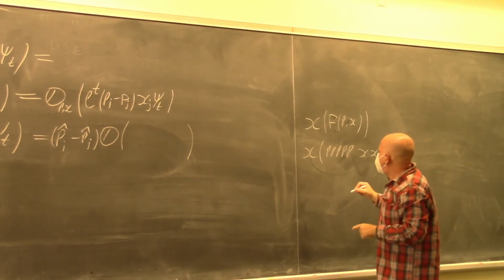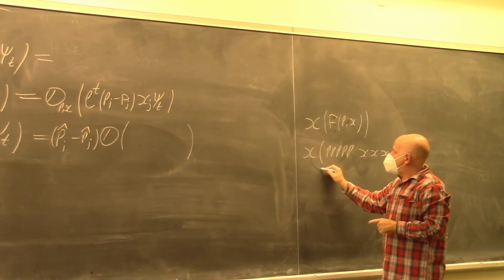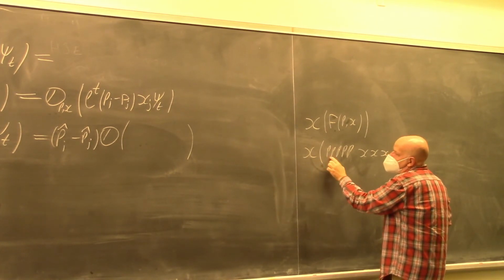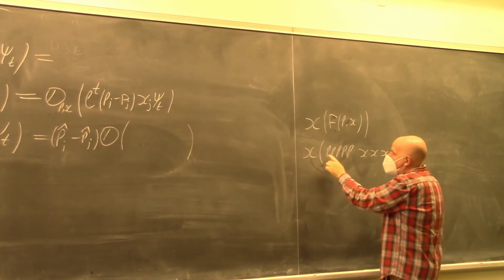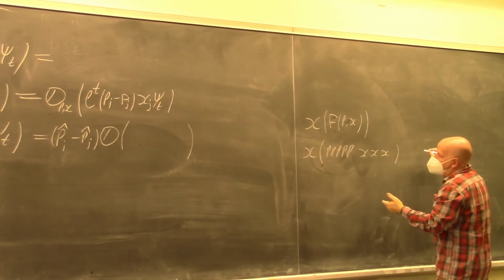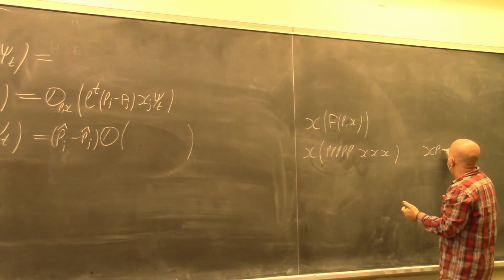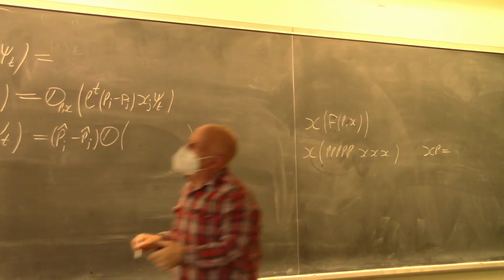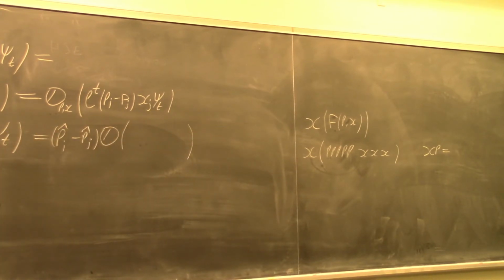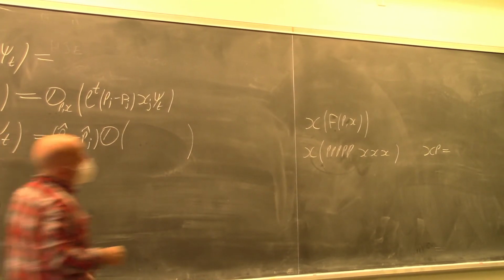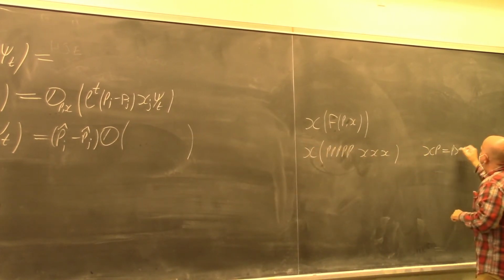So basically I need to commute the x across the p's. Every time I commute an x across a p, I pay a price. So x times p is equal to, let's see, this relation over here says px minus xp is equal to 1. So said differently, xp is equal to px minus 1. Okay? So xp is equal to px minus 1.